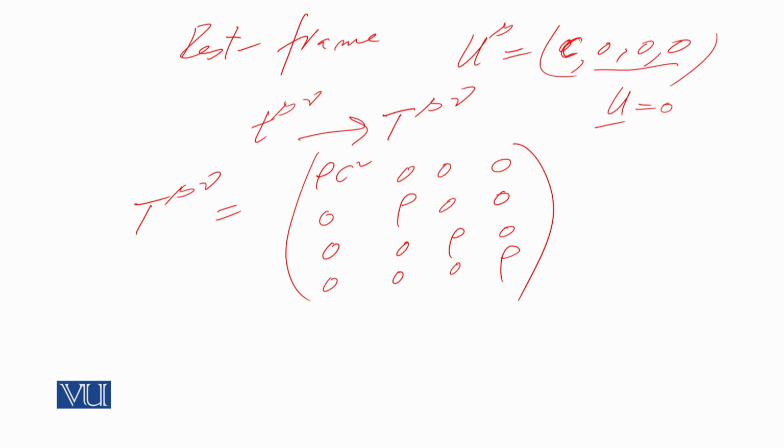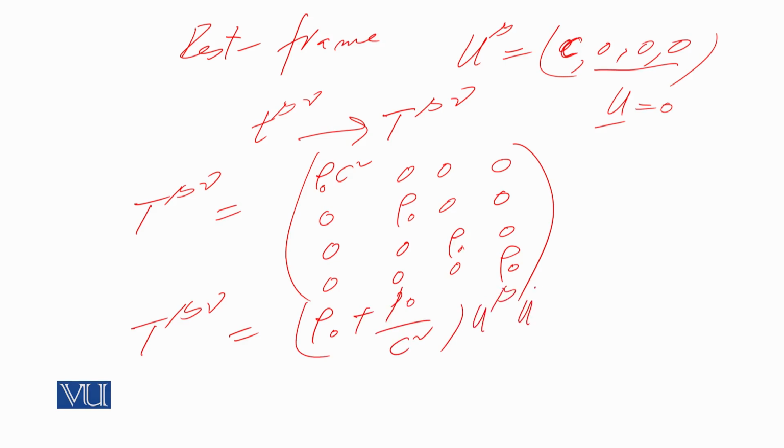And now we know that this expression can be written like this: T mu nu is equal to rho naught. Well, in the rest frame we can denote it by rho naught. So, this is rho naught plus P naught over c squared, u mu u nu, minus g mu nu P naught.